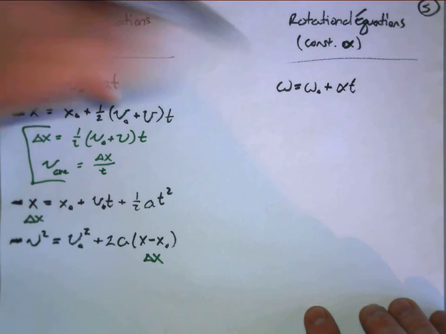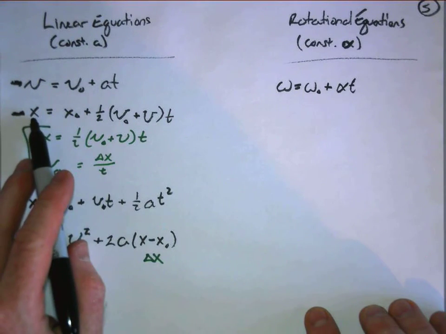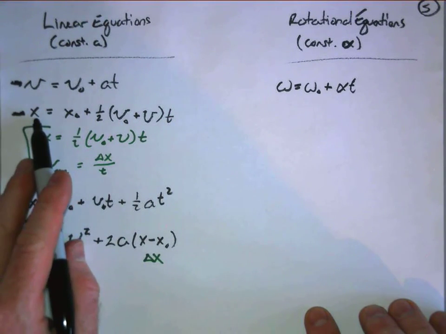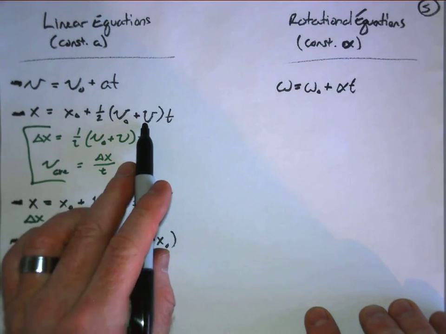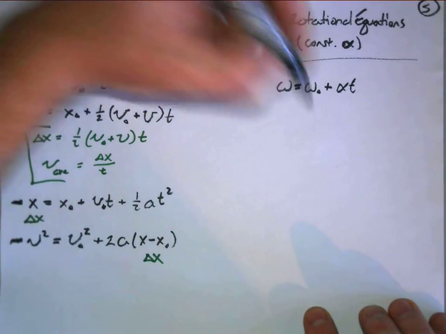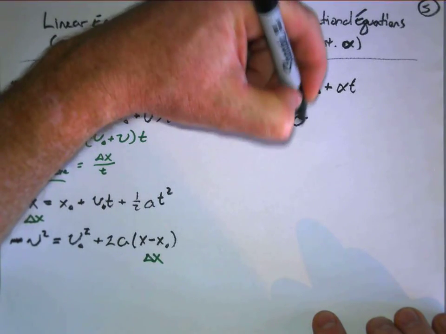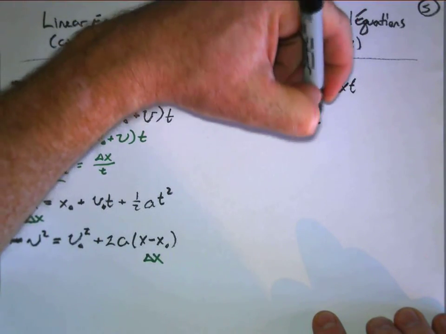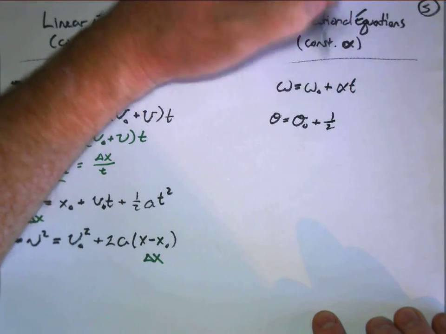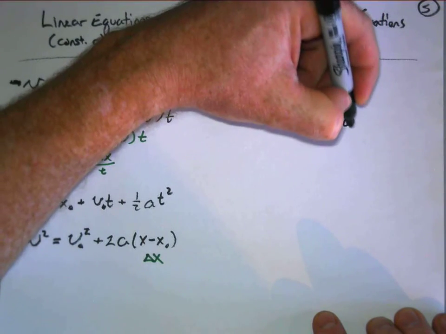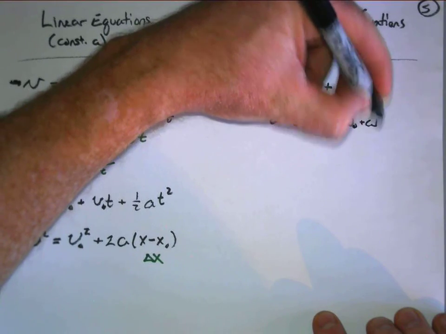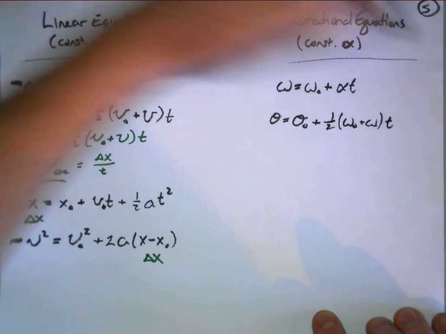This next one, well, all we're doing is substituting our angular quantity for each of these linear quantities. That's really it. So we have a final angular position equals initial angular position plus 1/2 initial plus final angular velocities times time.